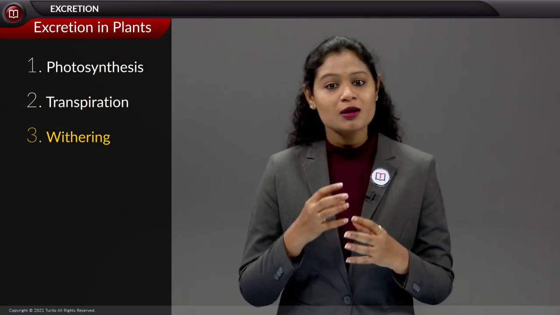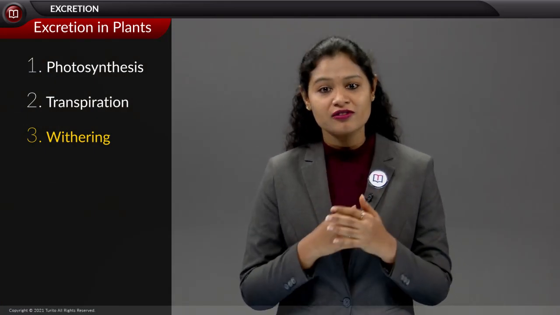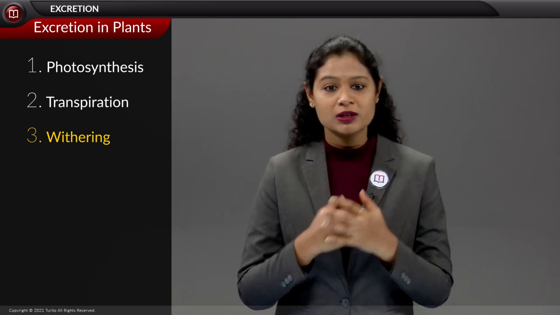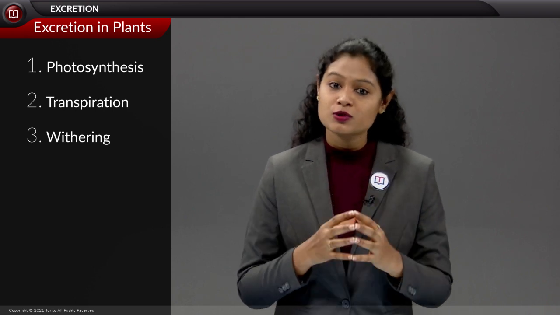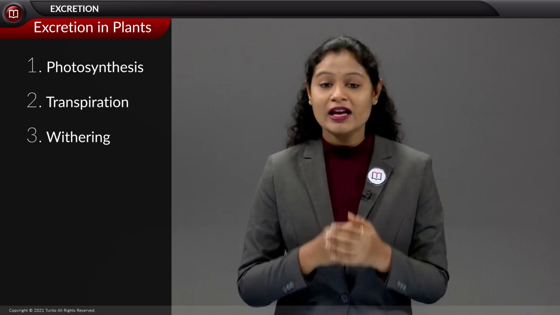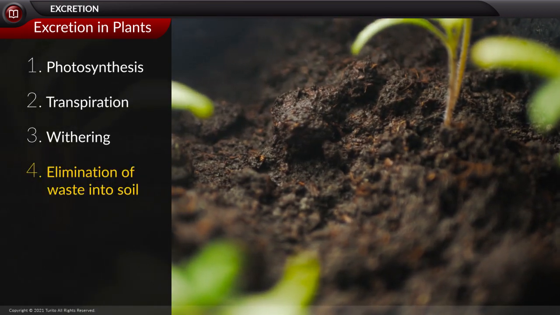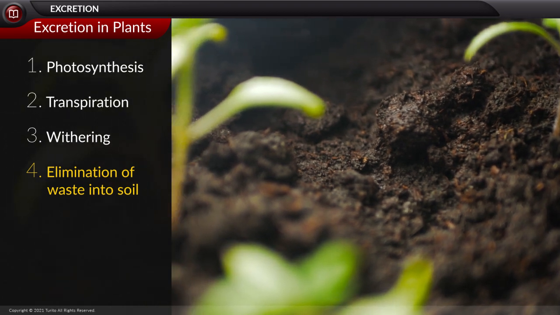So, certain amounts of nitrogenous wastes are withered away by dried parts of the plants, could be leaves or also the outer bark. Also, there is some amount of nitrogenous waste which is stored in the old xylem. And we see that these wastes are also released into the soil. So, some amount of the waste is eliminated through the soil.